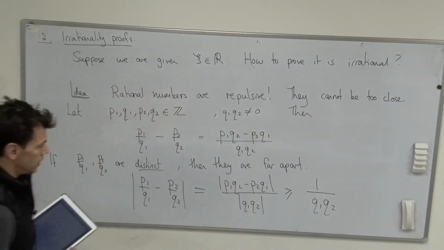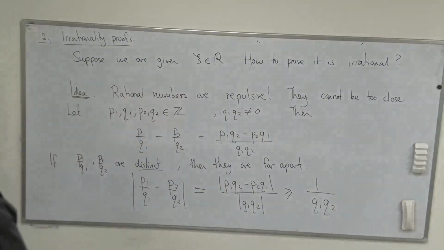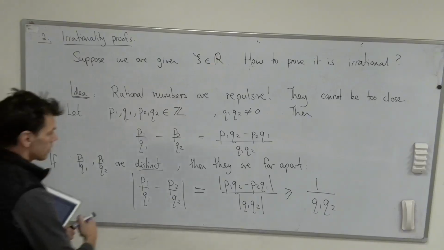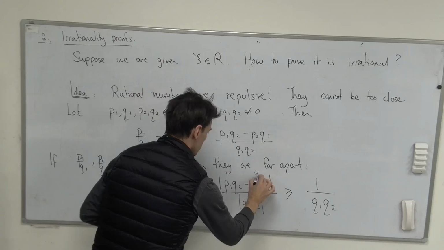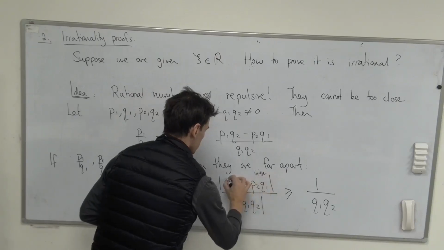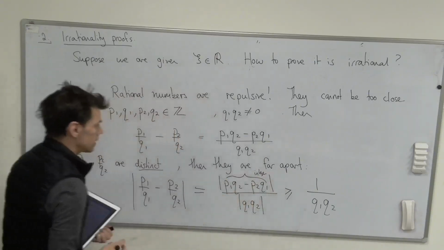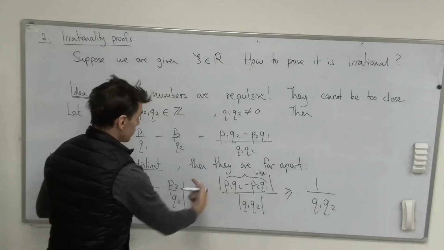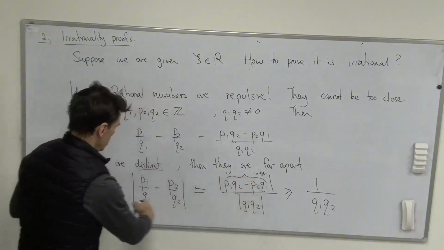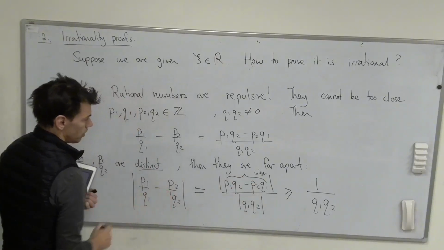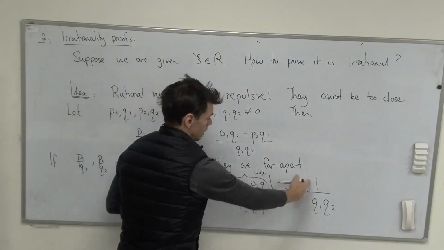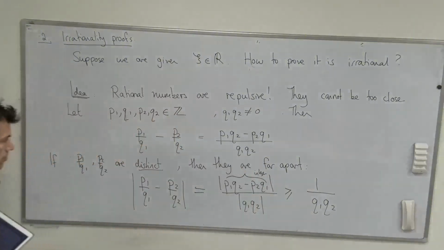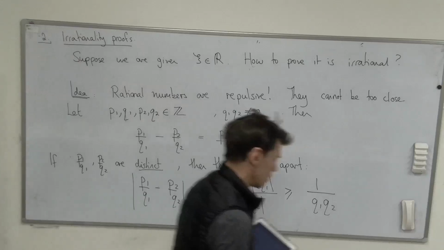The reason for this, and it's always the same fact that's used in these types of proofs, is that this quantity here is an integer, and an integer which is non-zero, because if it was 0, then these rational numbers would be equal. And so it's a positive integer. It must be at least 1. Okay, so we'll see that again in a minute.